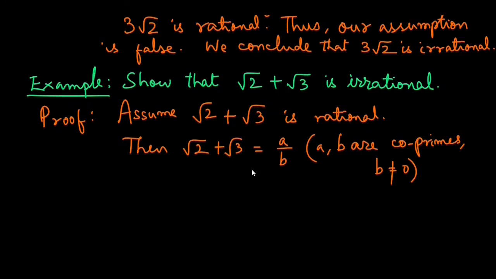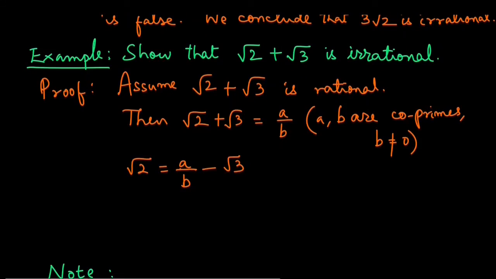So let us make some rearrangement here. Take either root 2 or root 3 to the other side and then square. Let us take root 2 is equal to a by b minus root 3. Now square both sides.